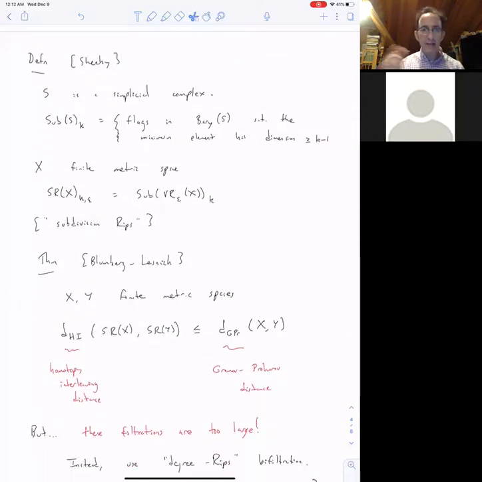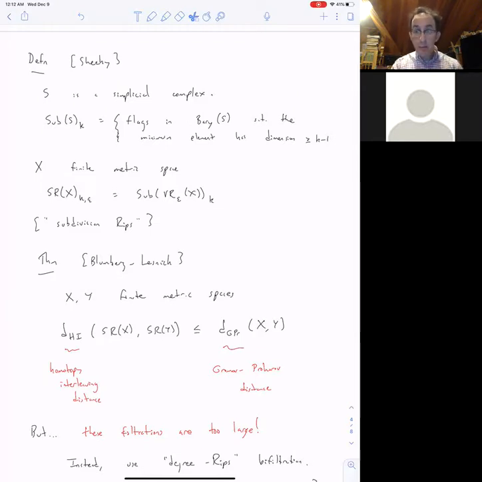If you have S as a simplicial complex, then you get a barycentric filtration, where the kth piece of it is the set of flags in the barycentric subdivision of S where the minimum element has dimension greater than or equal to k-1. So, as k goes up, you see higher and higher dimensional flags, where they start anyway.